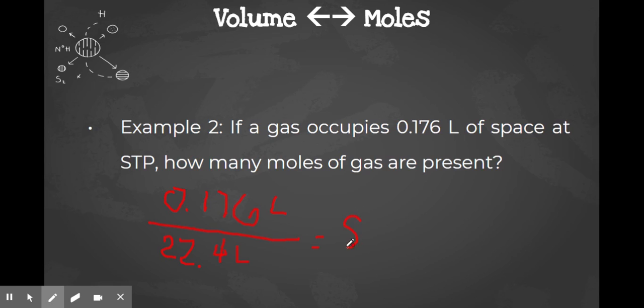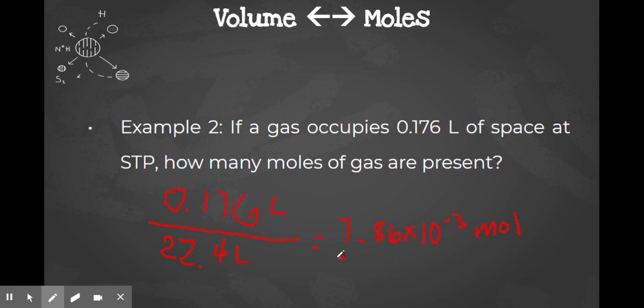So I'm actually going to write this in scientific notation because that's a lot of zeros. Actually, let's erase that because I rounded. I should not. It is 7.86 times 10 to the negative 3 moles.